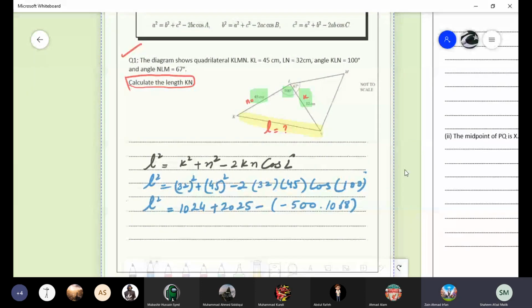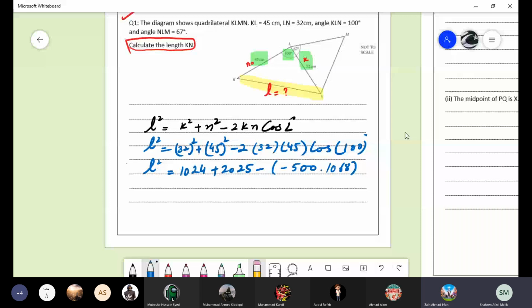Then after that, add the numbers and subtract. 1024 plus 2025 plus 500.1068. What's the answer? 3549.1068. Yes. This is l square. How can you find out the value of l?